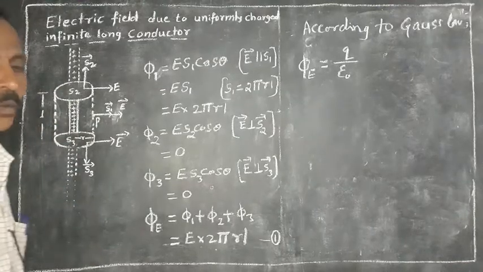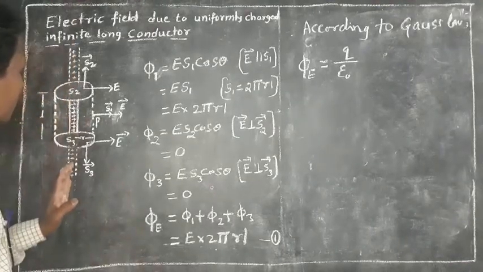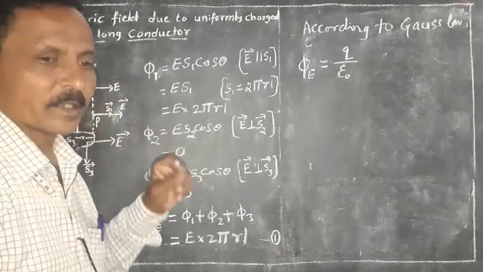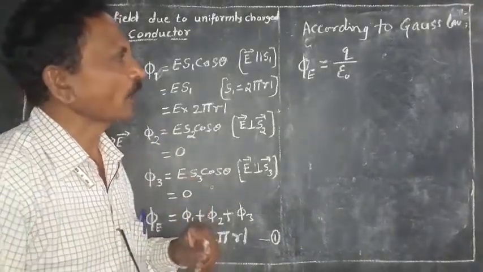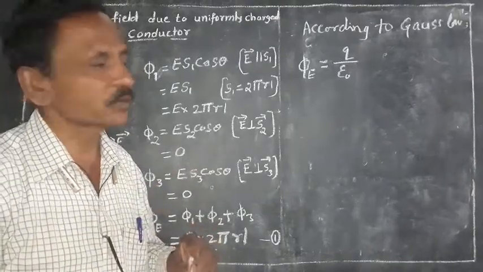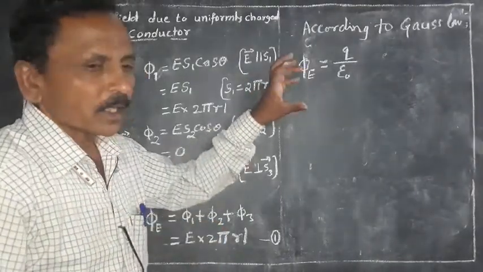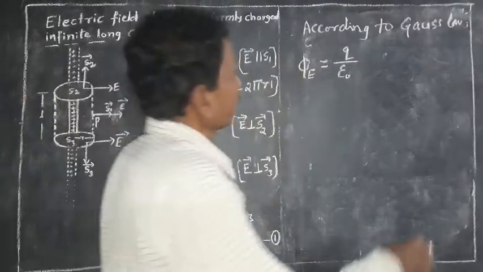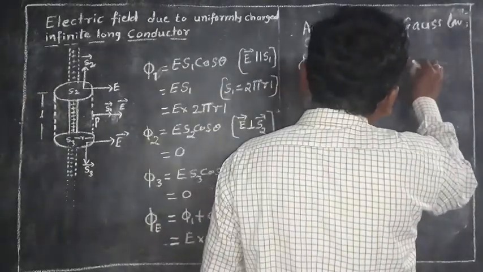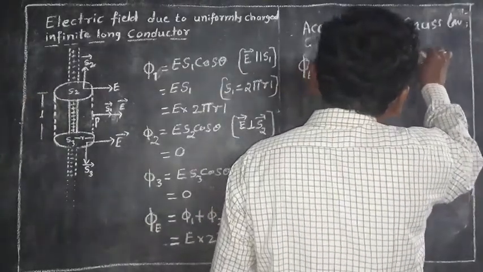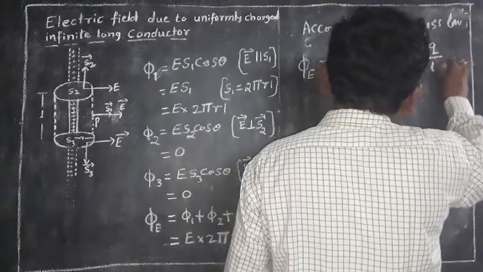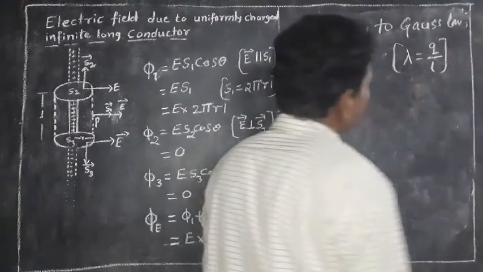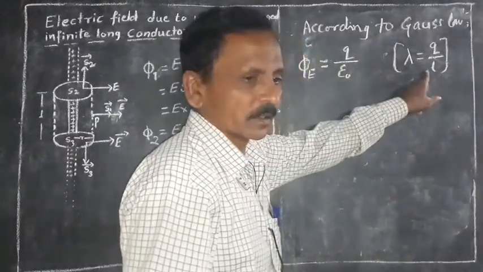And here we consider, since the charge is uniformly distributed, that is a continuous charge distribution, and for a continuous charge distribution, linear charge density is given by lambda equal to Q upon L, the amount of charge per unit length of the conductor.